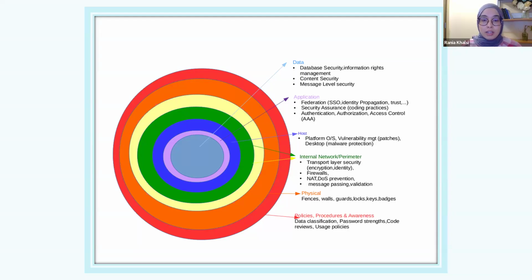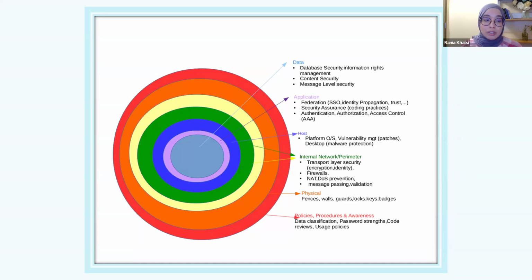Then comes, in purple, the access control in the application layer, where authentication, authorization, secure code practices, and access control are enforced, okay?